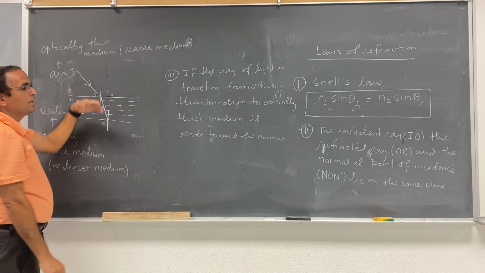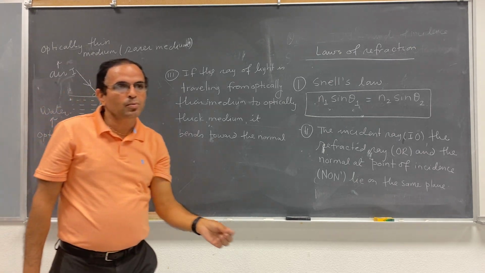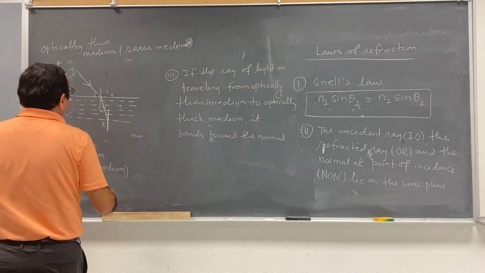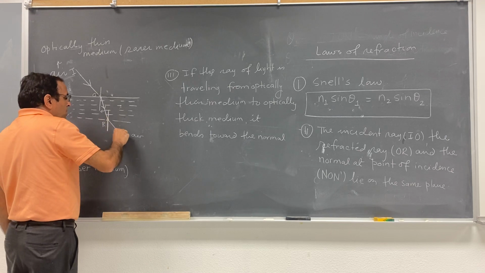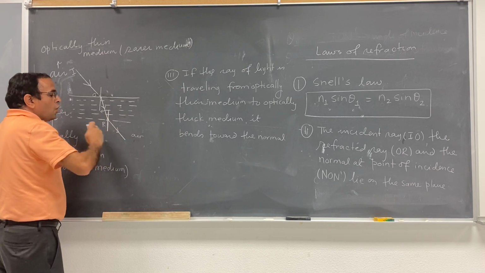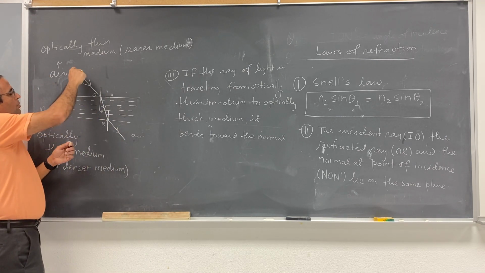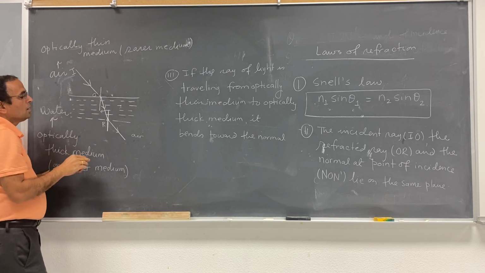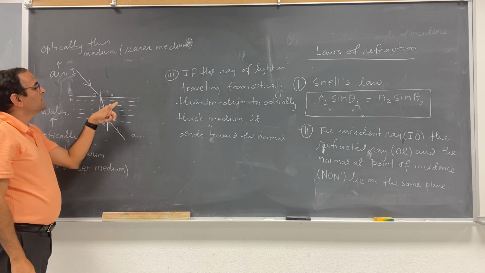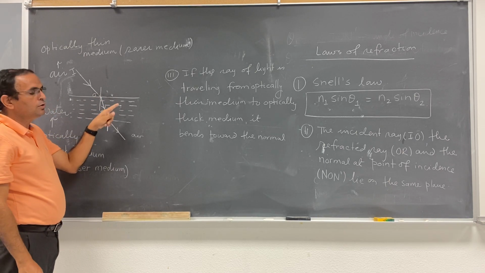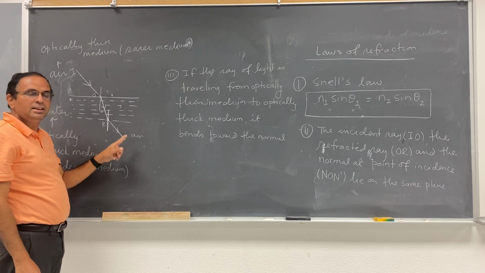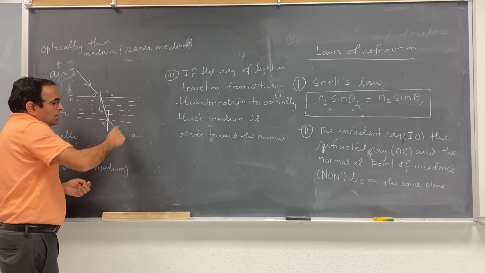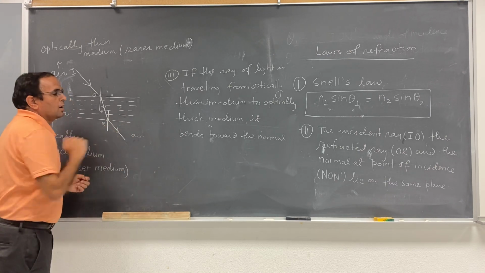If the light is traveling from optically thick medium to optically thin medium, in that case the ray moves away from the normal, it bends away. Here, from optically thin to optically thick, the refracted ray comes closer to the normal. But if the light is traveling from optically thick medium, that is water, to optically thin medium, that is air, in this case the refracted ray moves away from the normal.